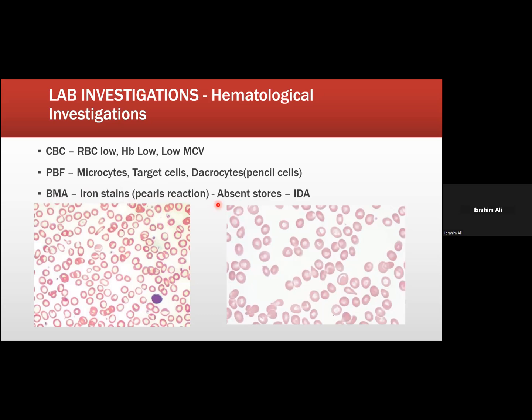What I mean is, for example, in a case of iron deficiency anemia, at the production stage in the bone marrow, your iron is depleted. So when you do the bone marrow with the Prussian blue or the iron stain, you won't see the blue color.